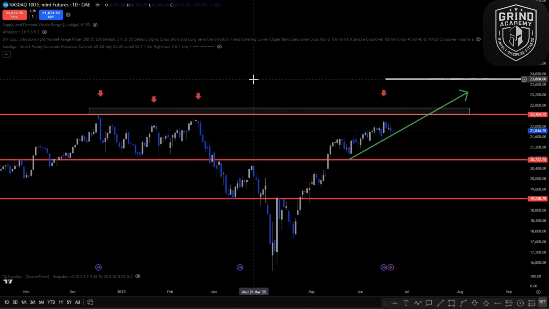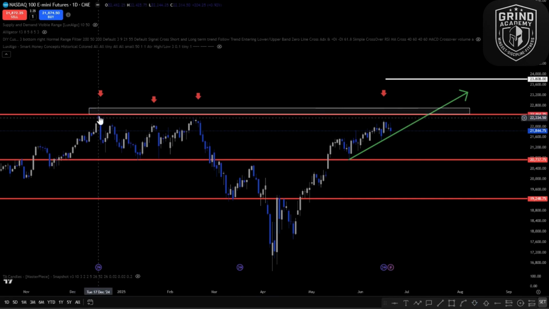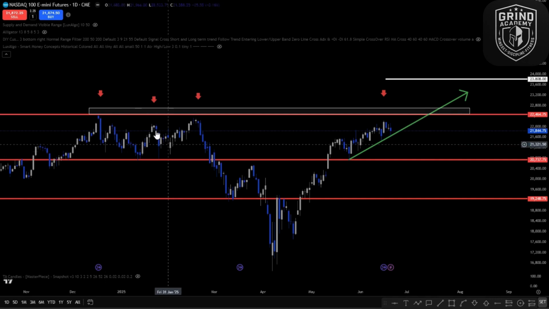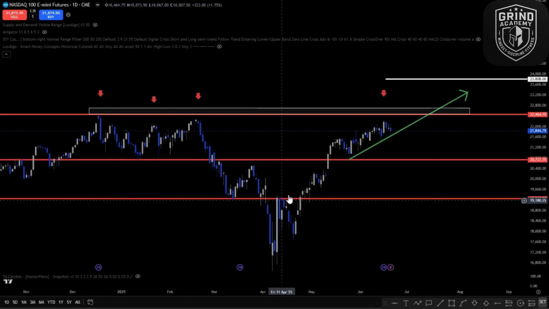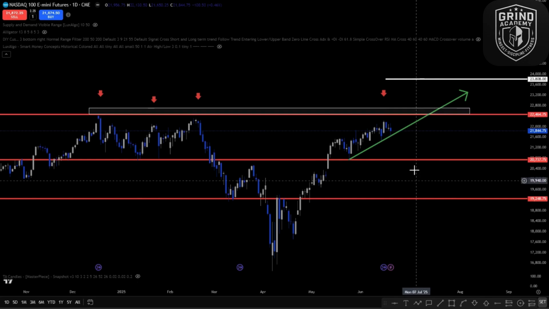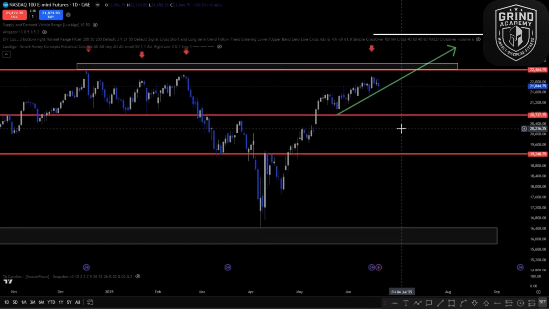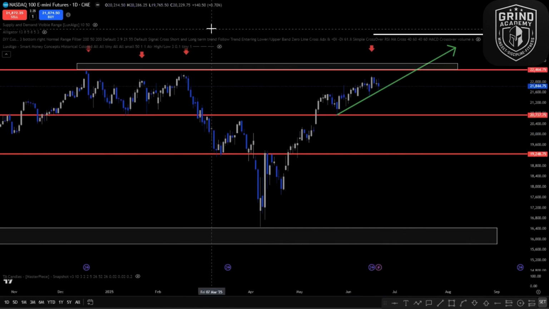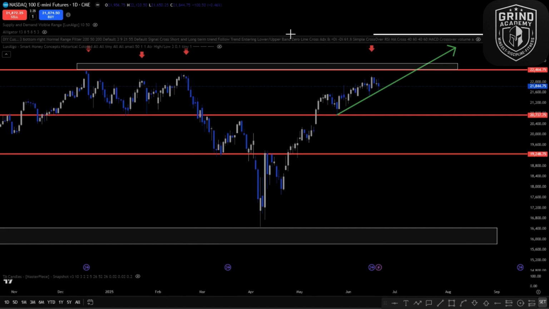What do we see? Price not wanting to go higher. It rejected and then went lower, then it rejected, then went lower, then it rejected and went lower, and it's rejected now. So why do I think it's going to continue to go lower? Now I'm going to use my indicators to confirm what I was thinking.